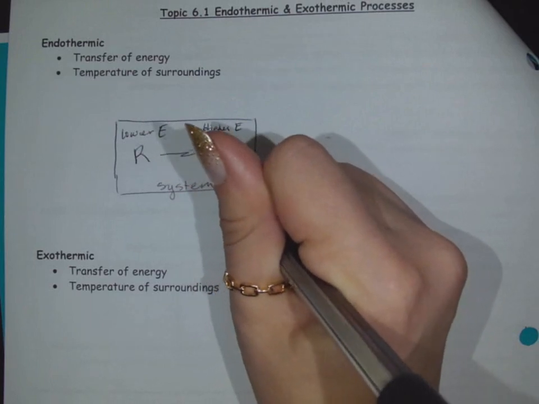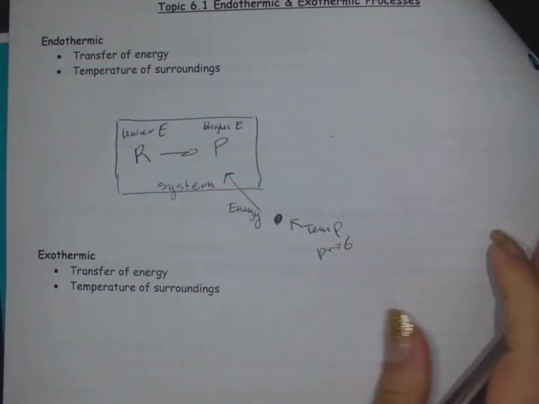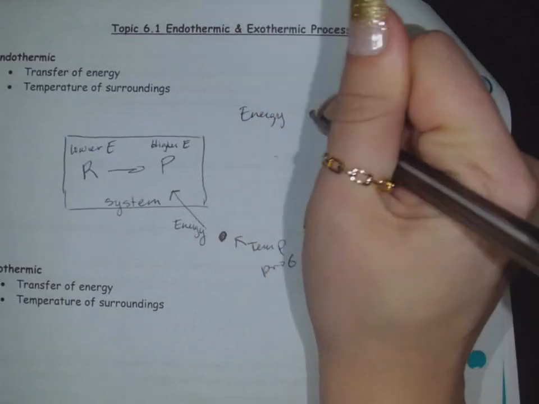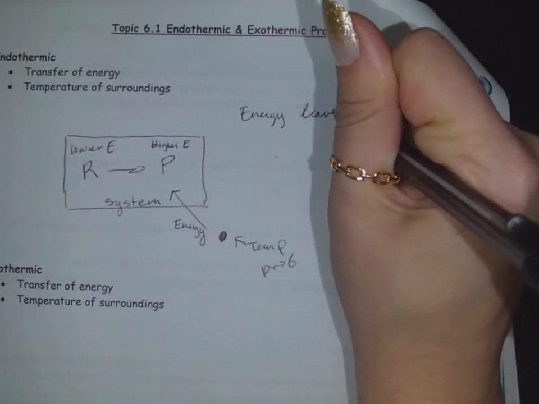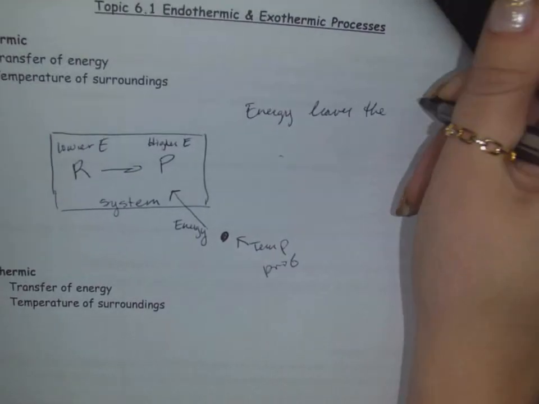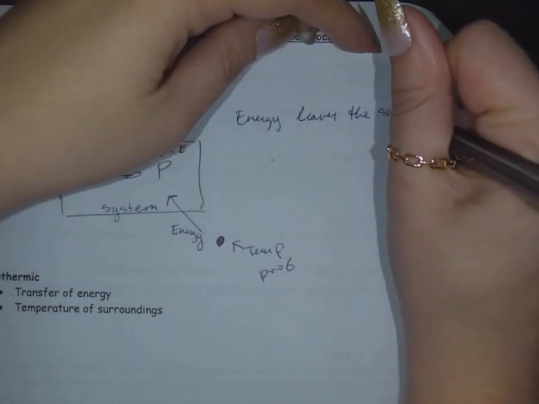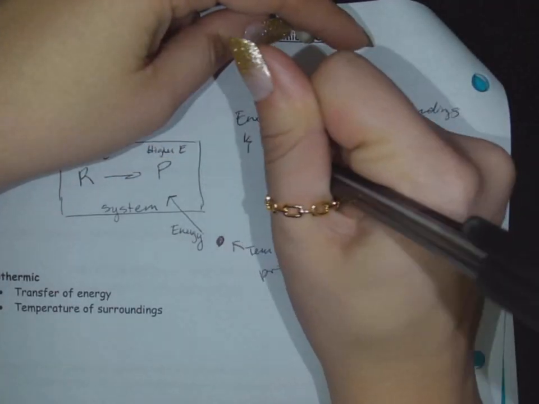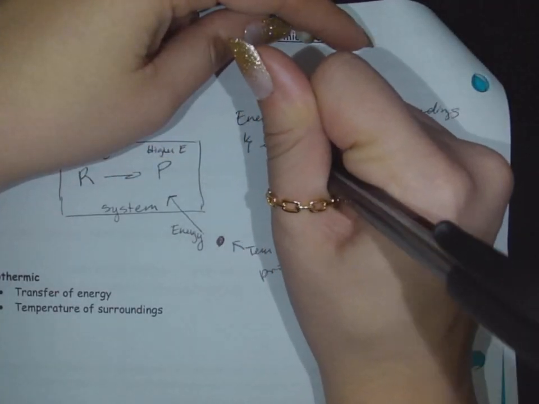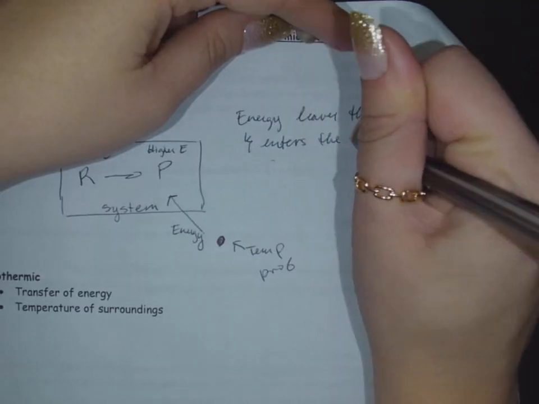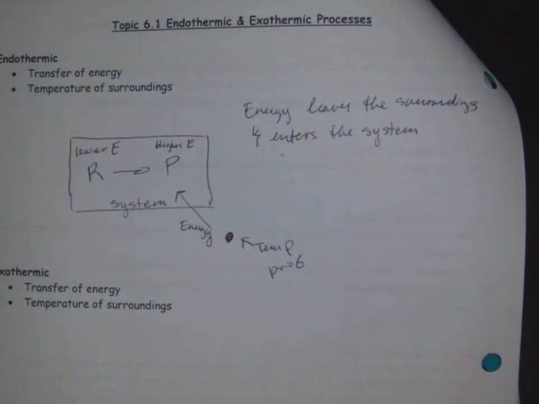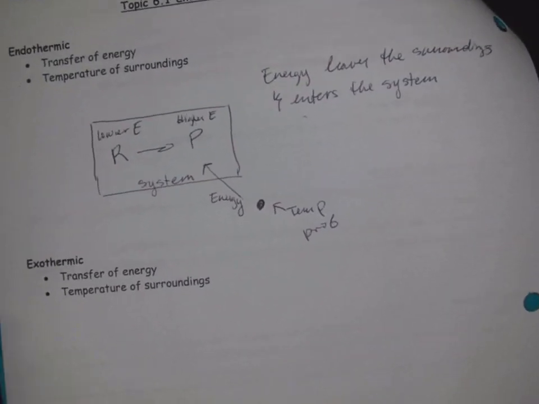So energy leaves the surroundings and enters the system. Okay, so energy is leaving the surroundings, it is entering the system.